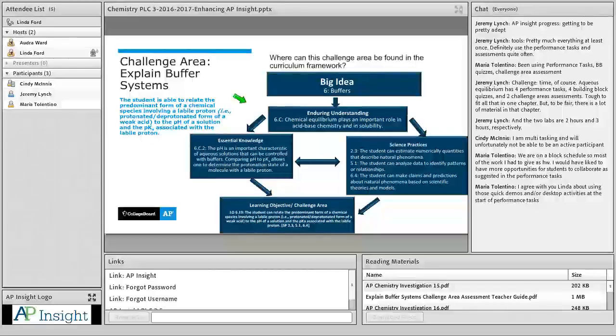And if we are not already teaching buffers, we're within a week or two of maybe having this as part of our conversation in our classroom. And I wish I were there, Jeremy. I would love to say that buffers were behind me, but they're not in my classroom. They're ahead of me in about a week.